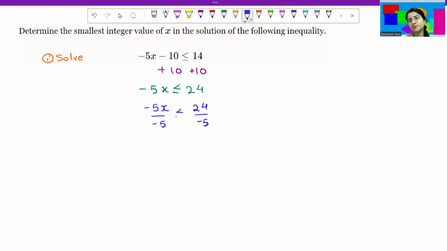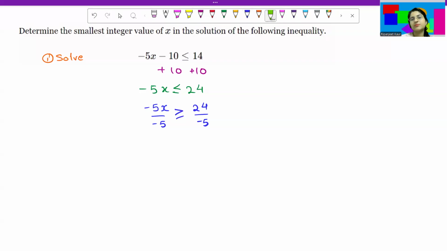24 divided by negative 5 is, is this correct? No, the sign will be switched. Very good.